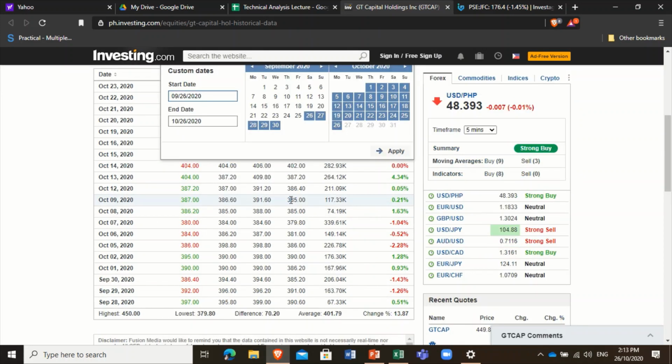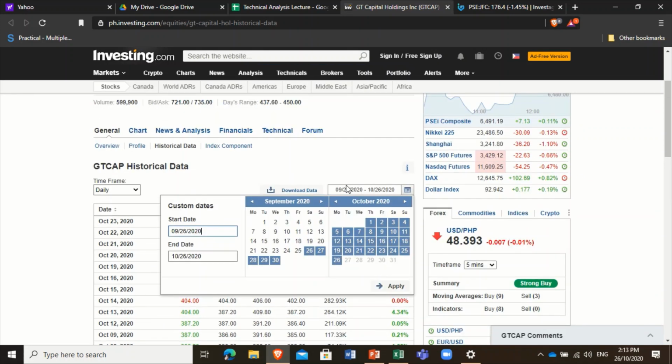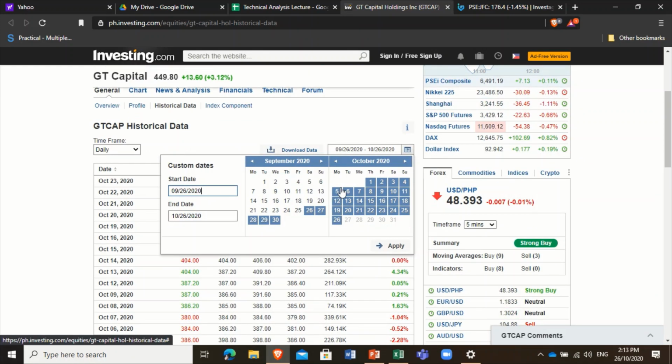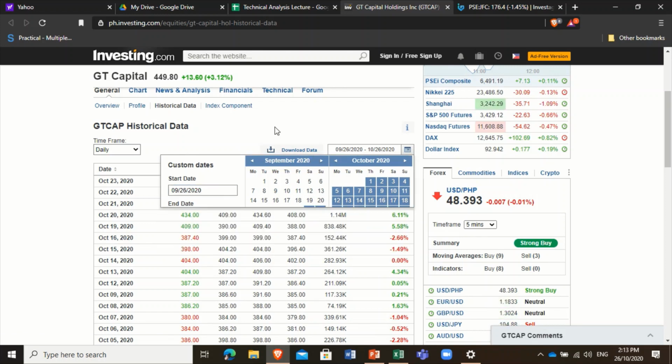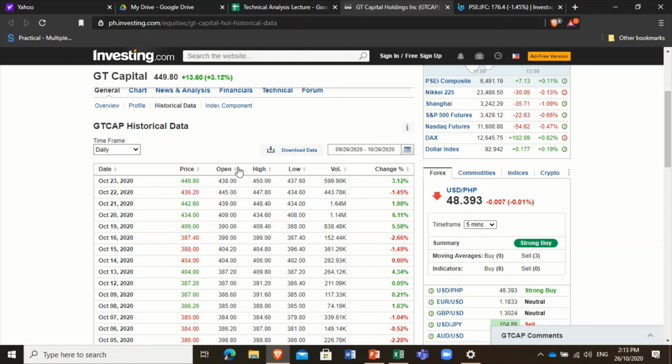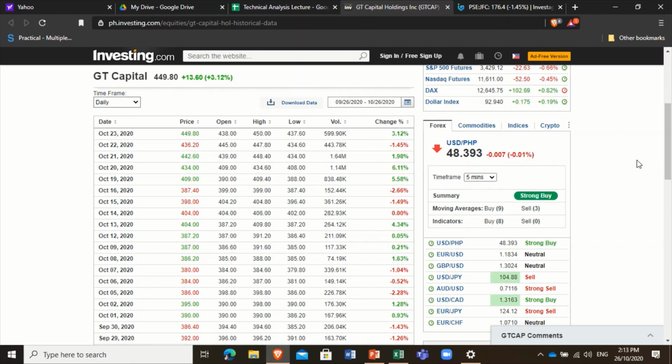Okay, so what you would want to do is to download this information, and export it to your Excel sheet so that you can create a basic candlestick chart. But syempre, tulad ng pagmamaneho, before ka mag-automatic, kailangan marunong ka magmaneho ng manual.